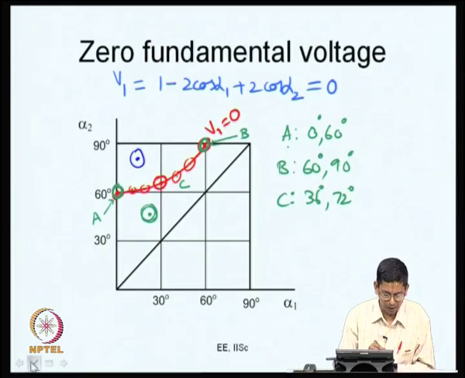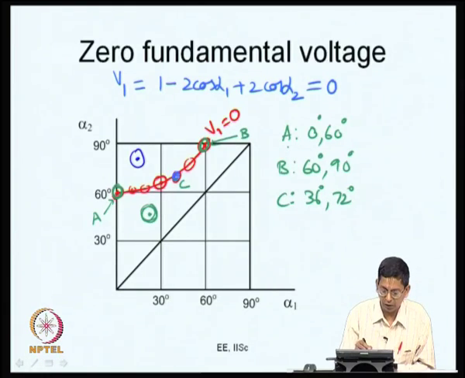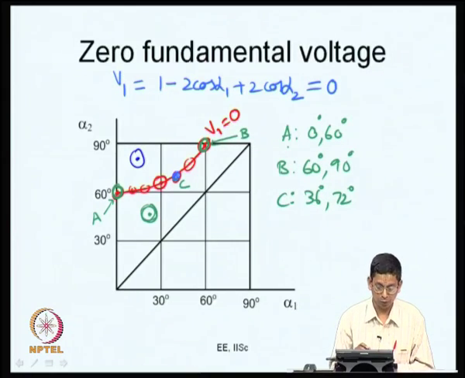A particularly bad example is something like C, which is 36 comma 72 degrees, because it is a fifth harmonic square wave. What you want is 0 fundamental voltage and no harmonics, but you end up applying a large amount of fifth harmonic in several points along this line. Except close to A or close to B, you are going to have fairly high harmonic content. Thus, we can distinguish between a good operating point and a not so good operating point.